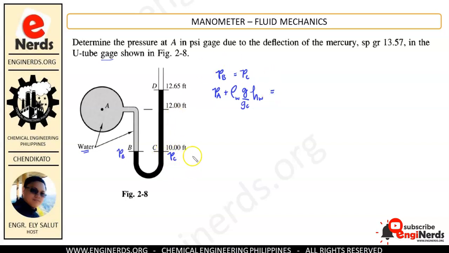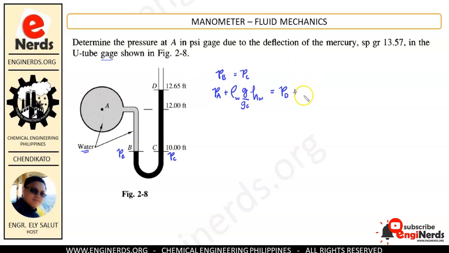So, how do we get the pressure on C? So, we have the pressure on D plus, okay, so the pressure on D plus our liquid here is mercury having a specific gravity of 13.57. So, our fluid here is mercury.